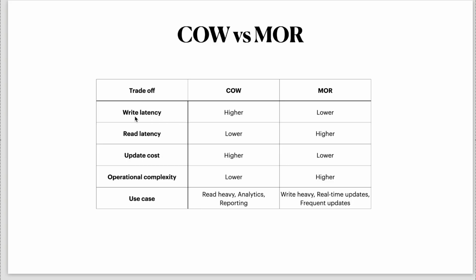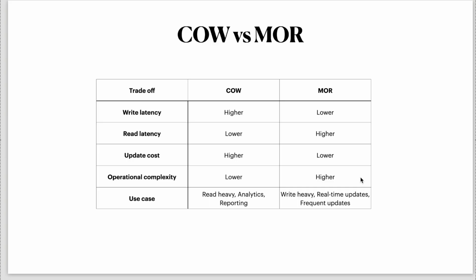For write latency, COW is higher and MOR is lower. For read latency, COW is lower and MOR is higher. For update cost, COW is higher and MOR is lower. For operational complexity, COW has less operational complexity and MOR is slightly higher.